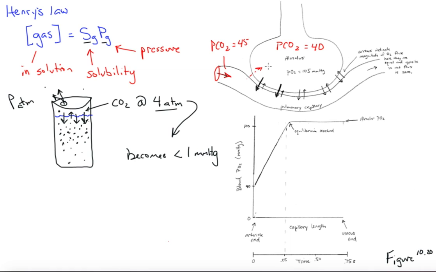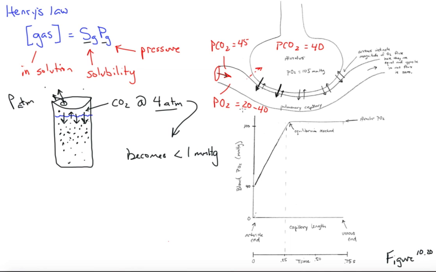Okay? All right. Now, oxygen, of course, has the opposite gradient, and the PO2 of this pulmonary capillary blood is more variable than the CO2. It's actually in the 20 to 40 range based upon whether you're at rest or you're exercising.